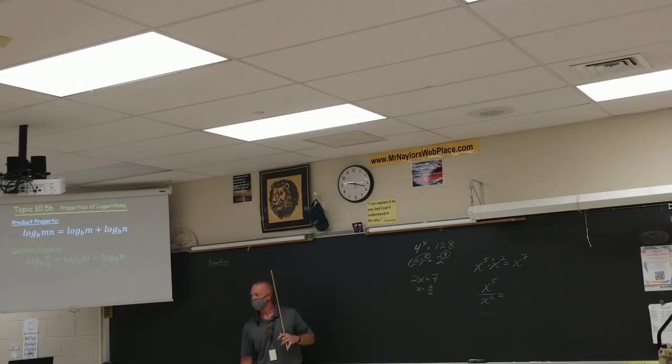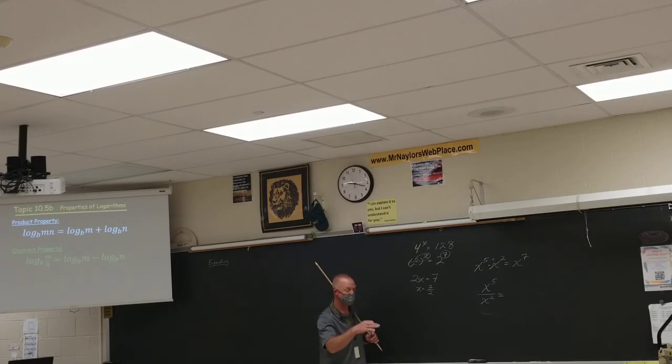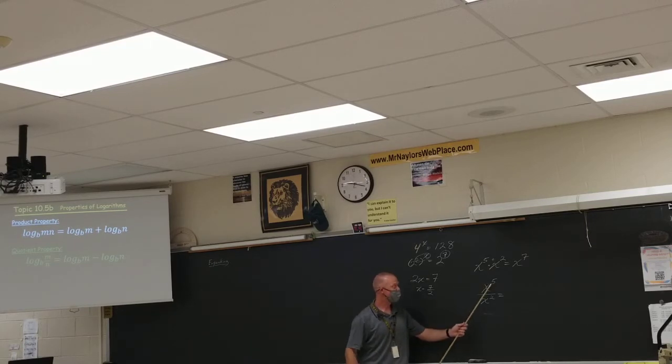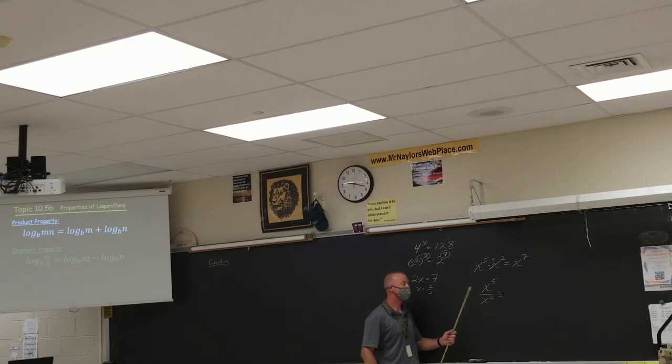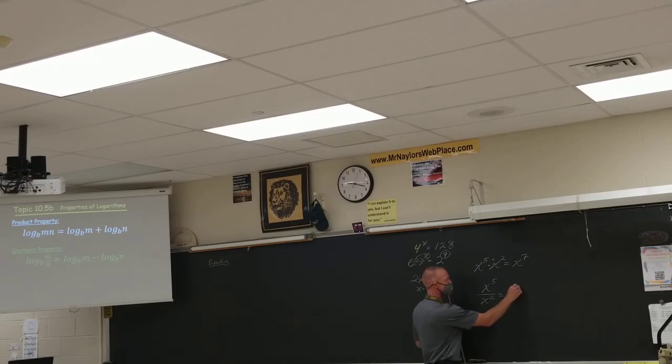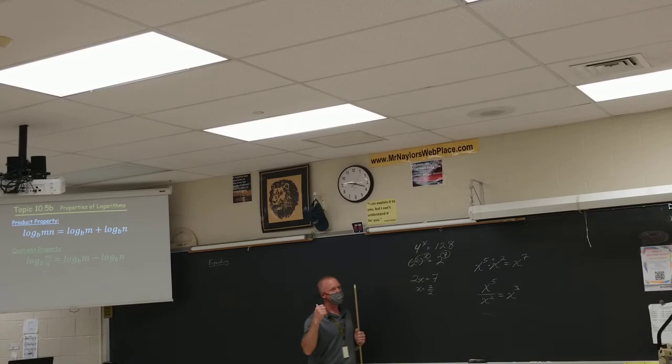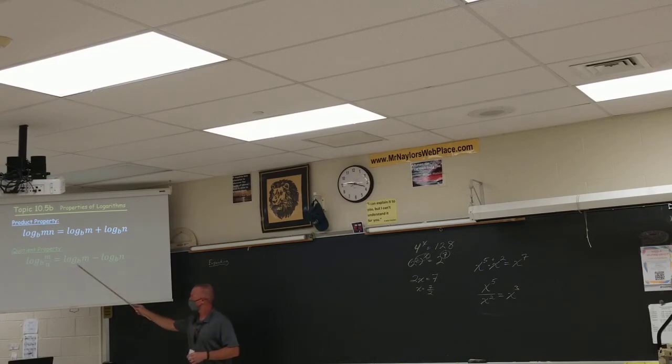So again, we have a pretty basic property from a week or so ago, honestly from Algebra 1. I know you know that you subtract these exponents. You always subtract when you have a fraction. That's exactly what this is saying.